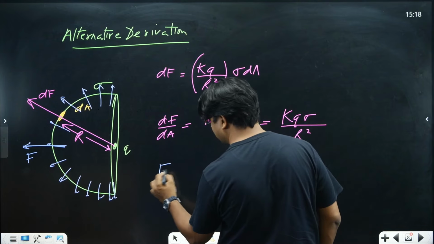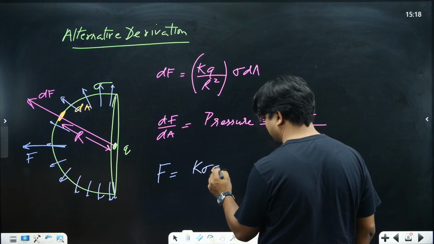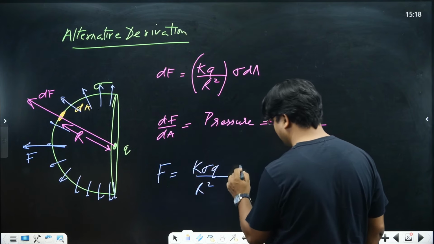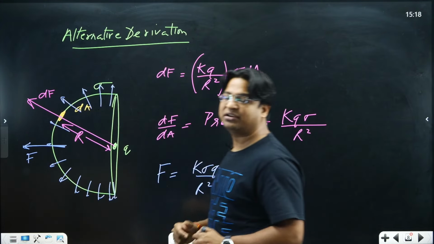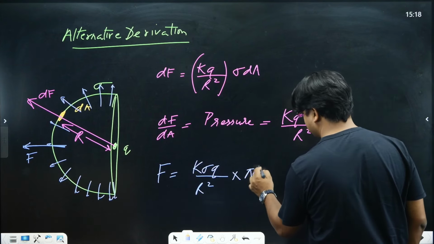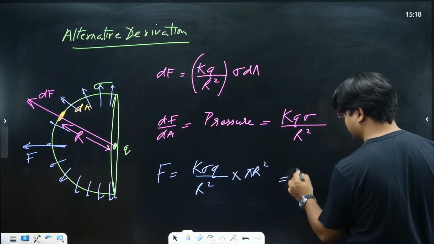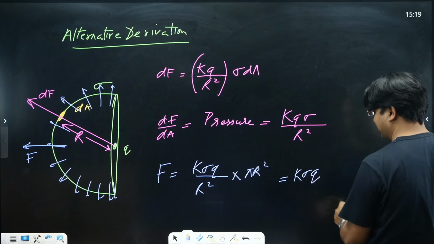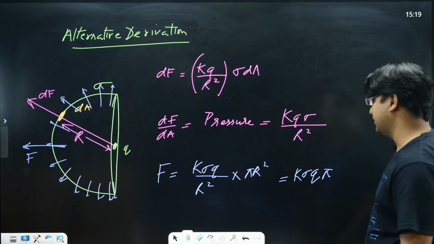So this force can be written as the pressure, kq sigma by r square, into, if I project this area on a screen here, the shape of the projection would be a disc of radius r. So the area would be pi r square. So this force becomes kq sigma into pi. This is the force that we get.